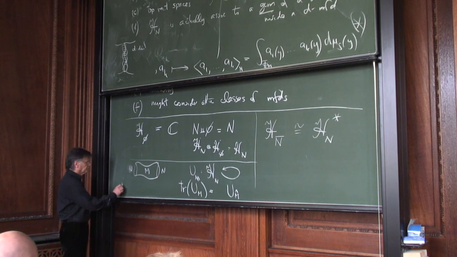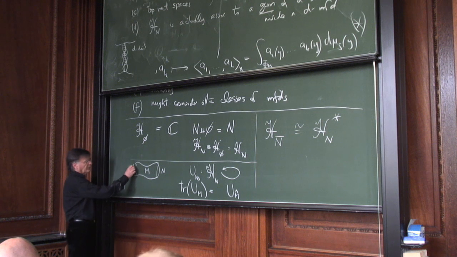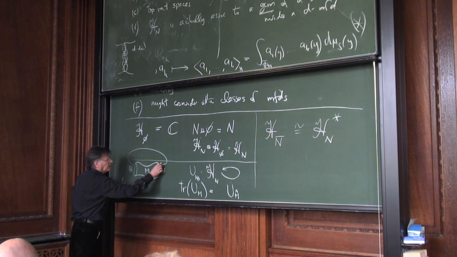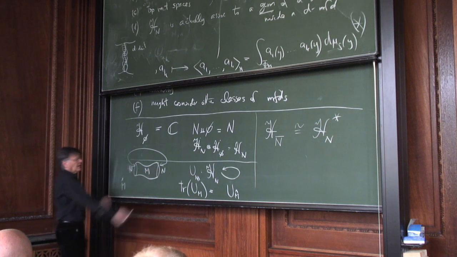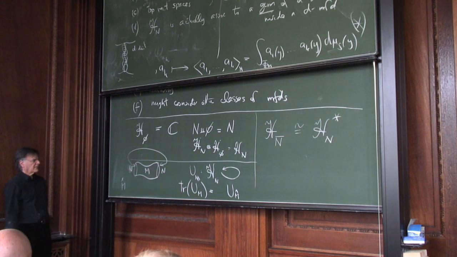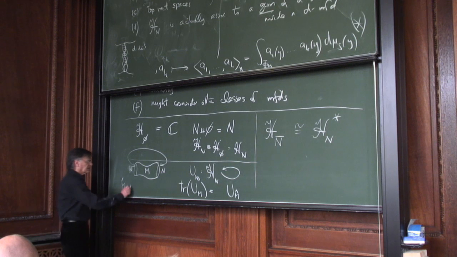M hat is the thing you get from this by making its mapping torus. You identify the two ends by the given identification, and you get something that more or less sticks over a circle. That's the mapping torus, let's say.